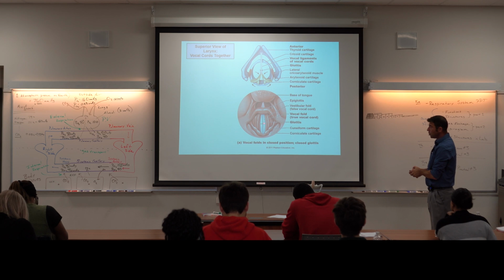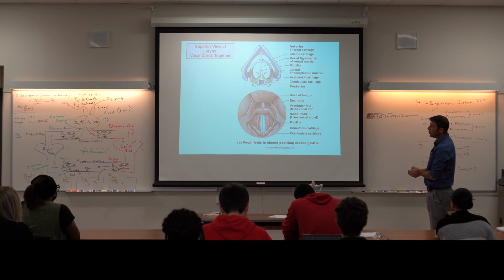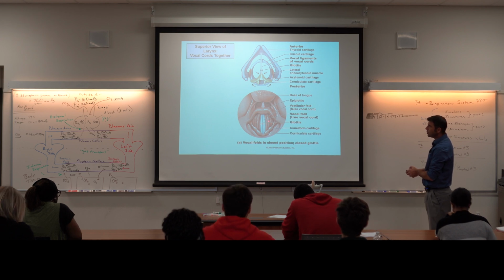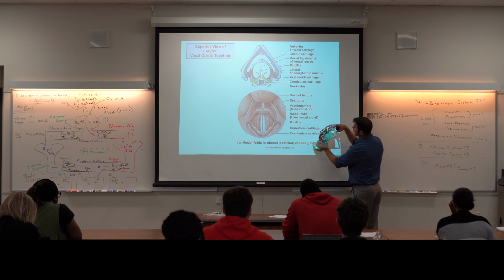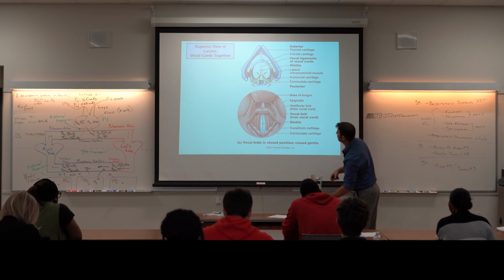But the true vocal cords are flanked on either side. On this slide, they're using a red tissue to show this stuff. These are what we're going to call false vocal folds. So true vocal folds are the vocal cords. False vocal cords are on either side of those. On this model, those false vocal cords are just kind of a tan color.